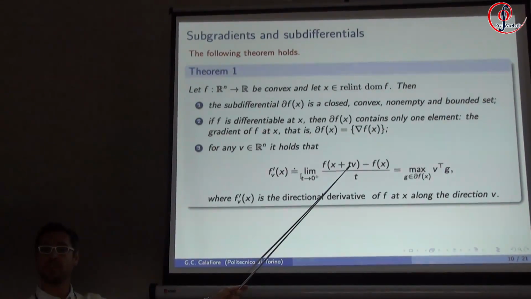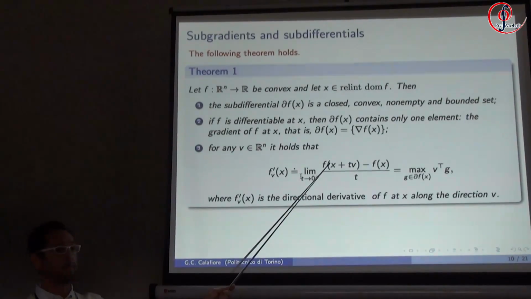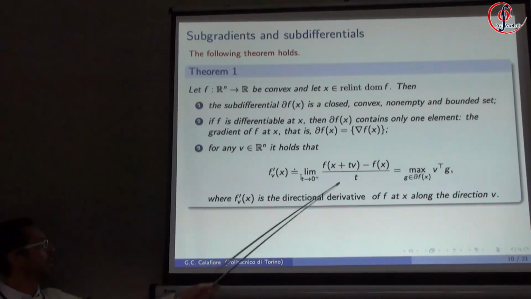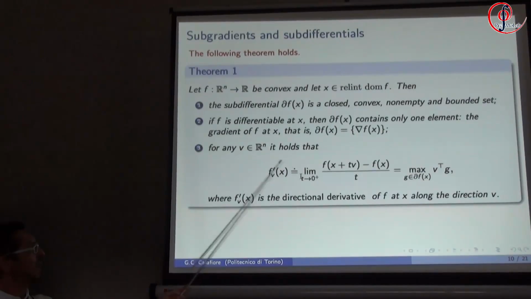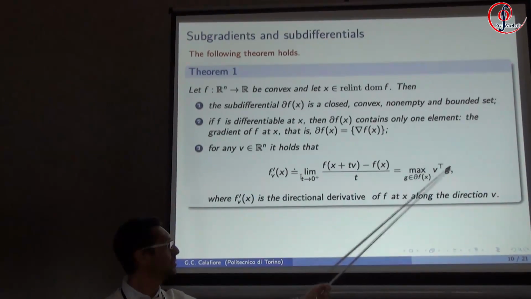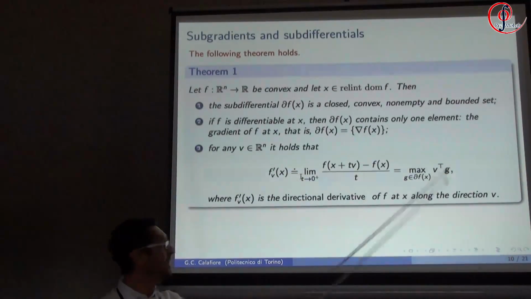Then we can take a kind of derivative of this restriction of the function along this direction, and this is called the directional derivative. And it turns out that the directional derivative, even for a non-differentiable function, always exists for convex functions, and it is related to the subgradient, or better to the subdifferential, via this relation here.